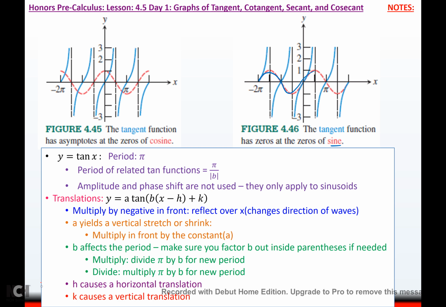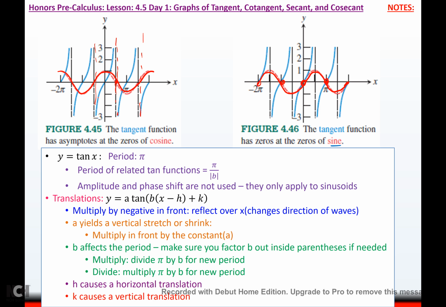Okay, you see the sine function right here? And you see everywhere that the sine has a 0, the tangent has a 0. And do you see your cosine function here in red? Wherever the zeros of cosine are, you have an asymptote.